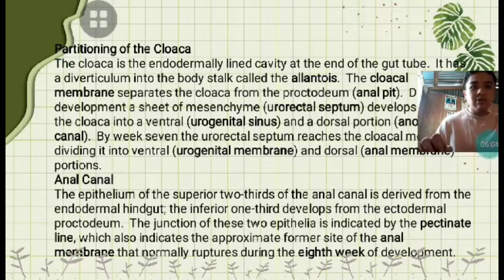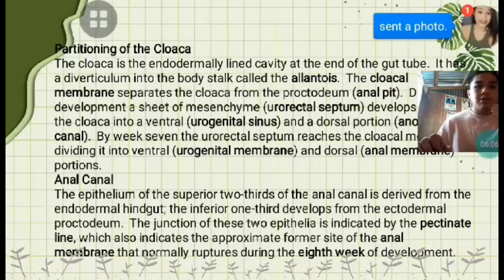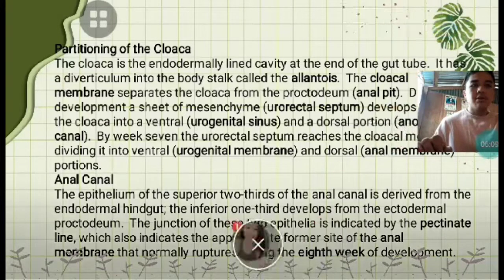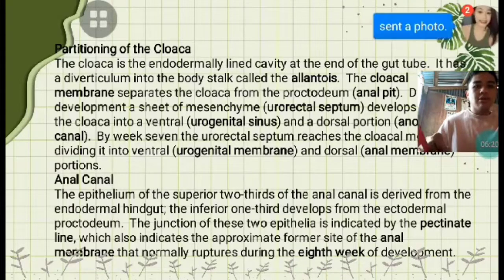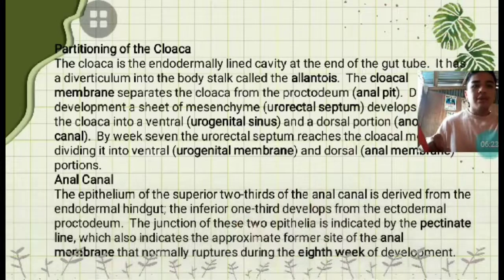The epithelium of the superior two-thirds of the anal canal is derived from the endodermal hindgut, and the inferior one-third develops from the ectodermal proctodeum.